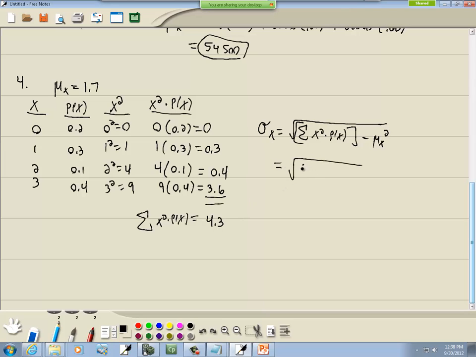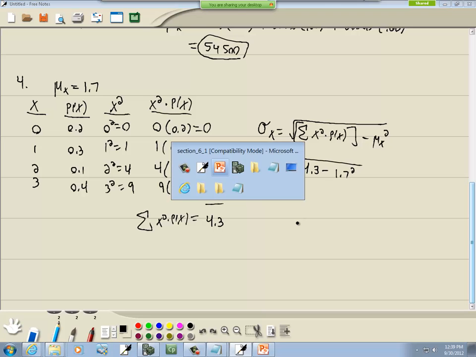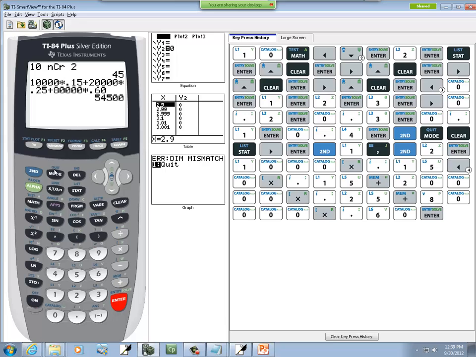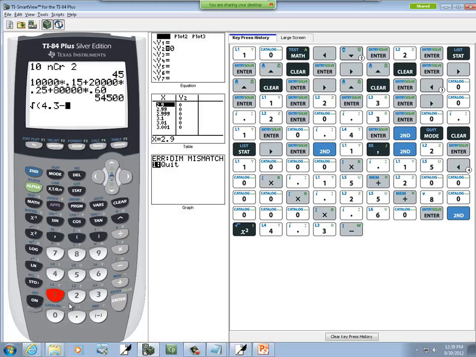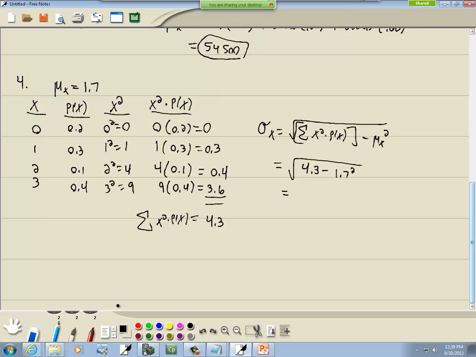Well, we just said the sum was 4.3 minus mu sub x, which was 1.7 squared. So we'll do second x squared for the square root, and we got 4.3 minus 1.7 squared. And we get 1.19, taken to 2 decimal places.